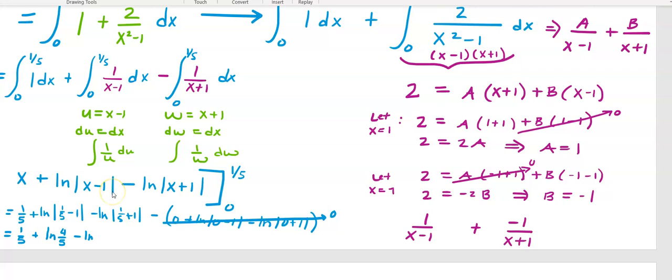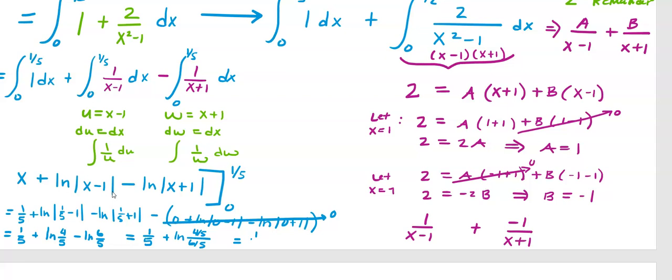Using the properties of logs, I can combine these two ln functions into one. So I could write 1/5 plus the ln of 4/5 up top over 6/5 in the denominator, because that minus is telling us it's division there, and then the 5s would end up canceling.